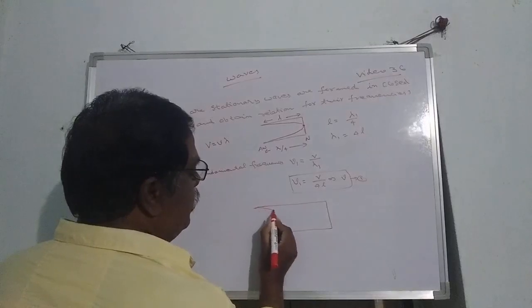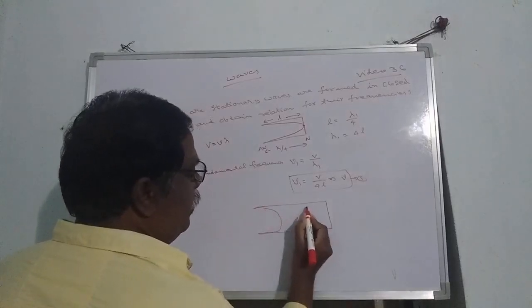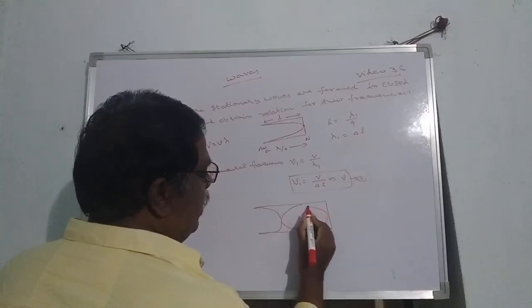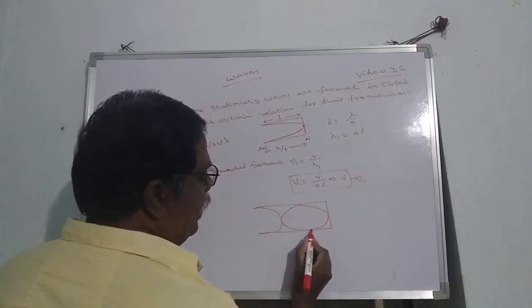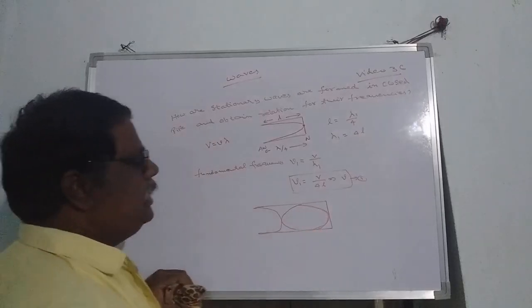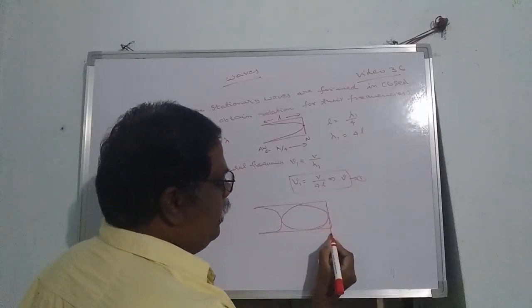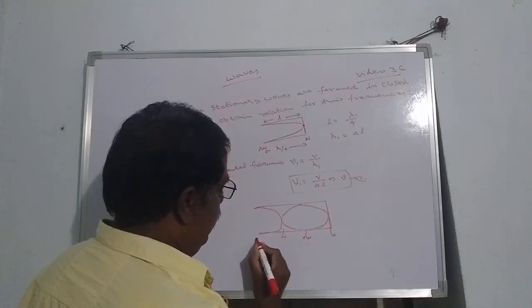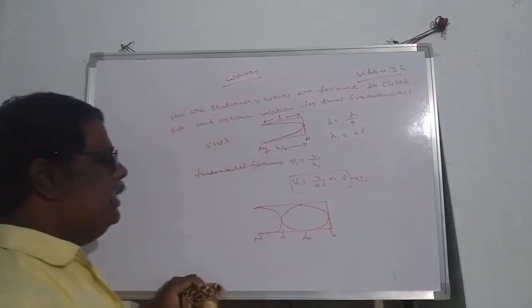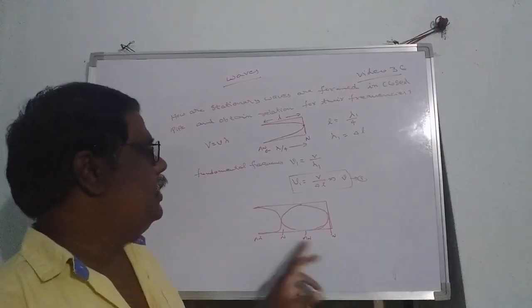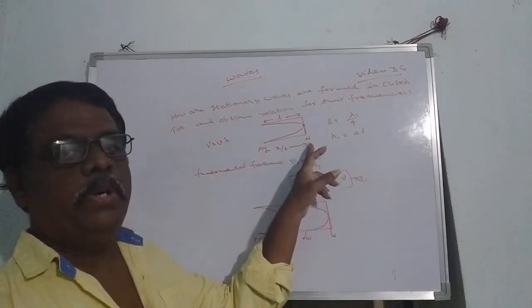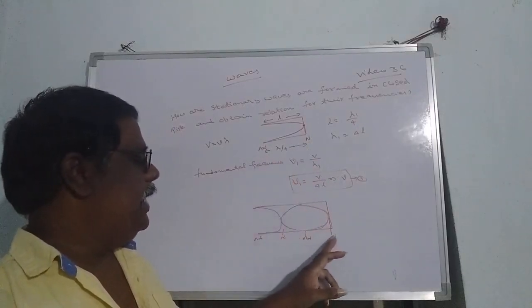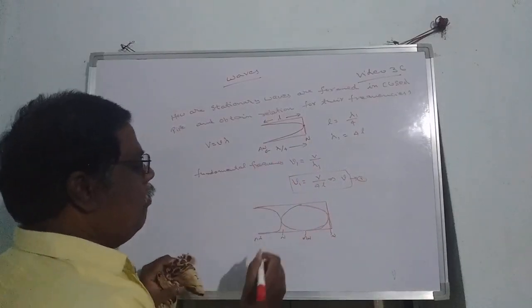At the open end an antinode is always formed. The remaining gap is filled with a segment, that means a loop. So here it is node, antinode, node and antinode. In this case, two nodes and two antinodes are formed, whereas in the first case only one node and one antinode were formed.